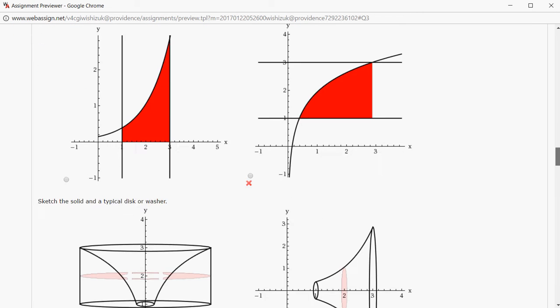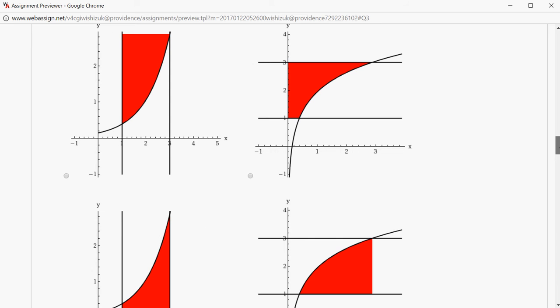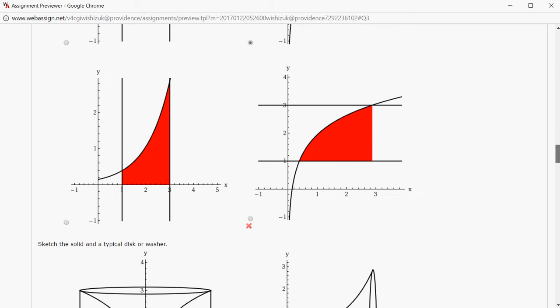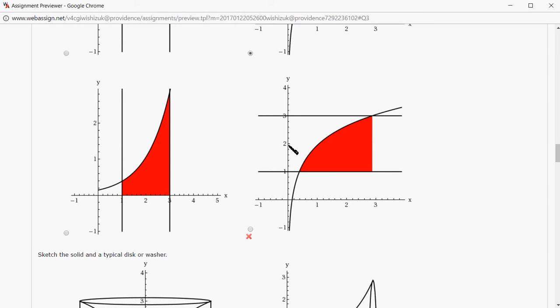So this is going to be the correct picture. The fourth one is actually not using x equals 0. So we have the right picture.